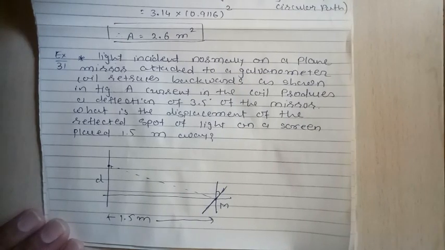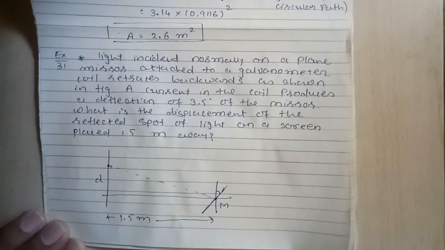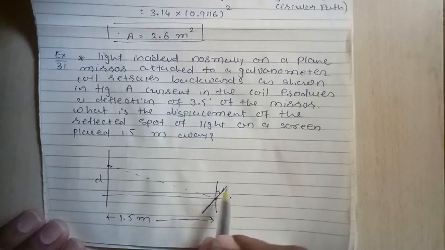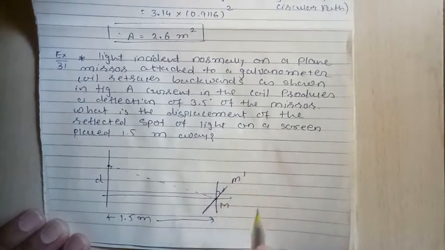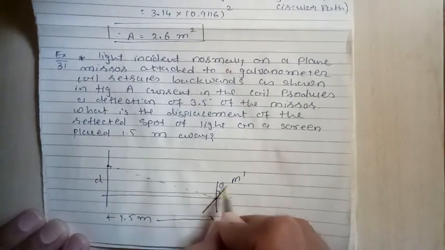So you have to remember this line. When the mirror is rotated by an angle theta, like this theta, the position is changed from M to the next position M dash. This is the angle theta.